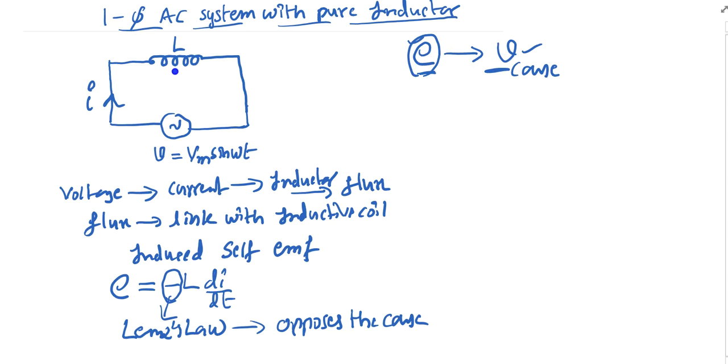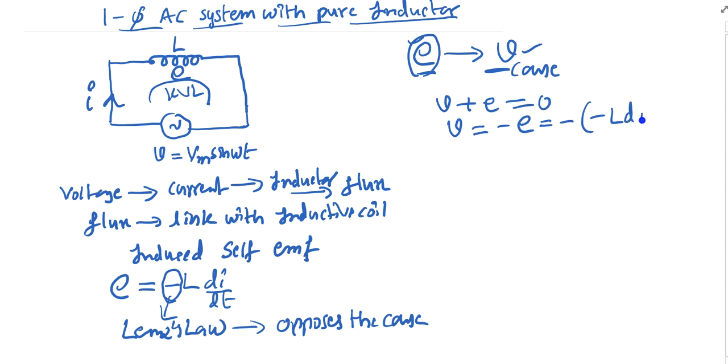So this is the EMF induced in this coil, and this is the supply voltage. Now if you apply KVL in this loop, you can write V plus E equal to 0, or V is equal to minus E, where instead of EMF I can write minus L di by dt.